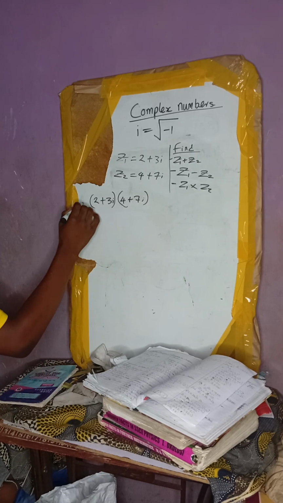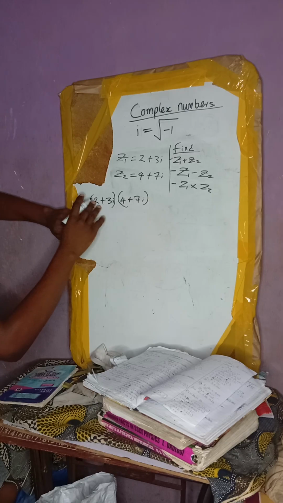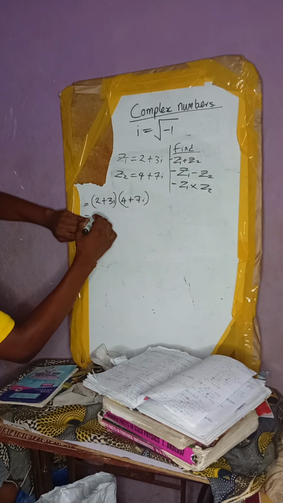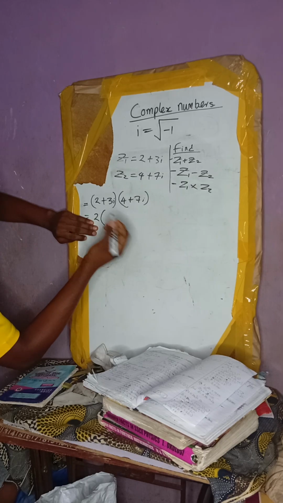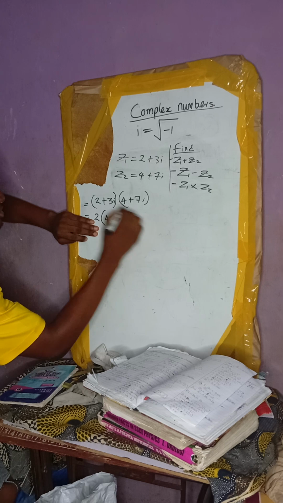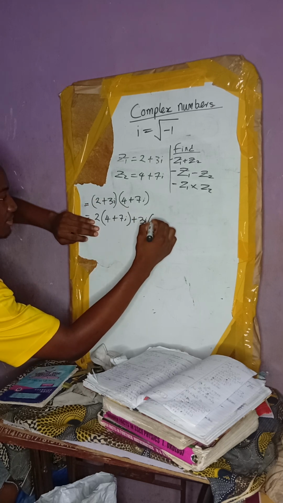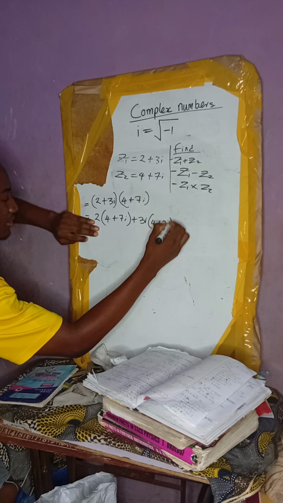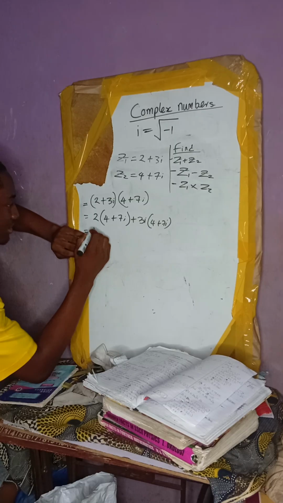So we'll just use the normal multiplication, showing your workings. So 2 plus 3i now multiplies 4 plus 7i. Open the bracket here, open the bracket here.